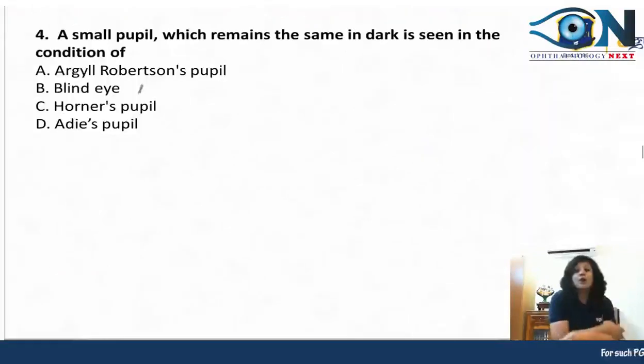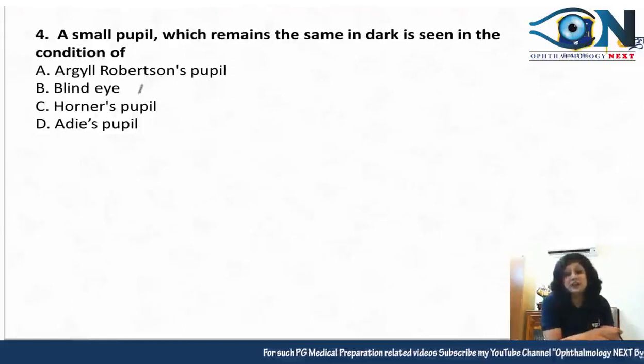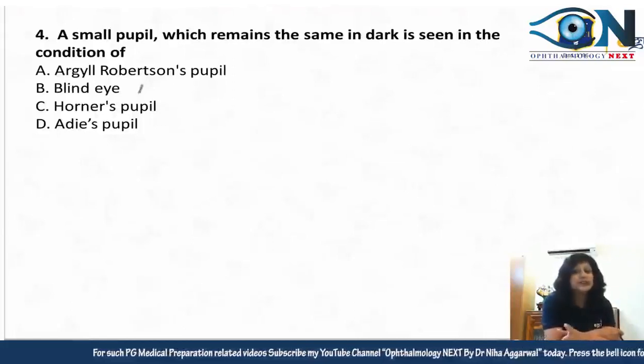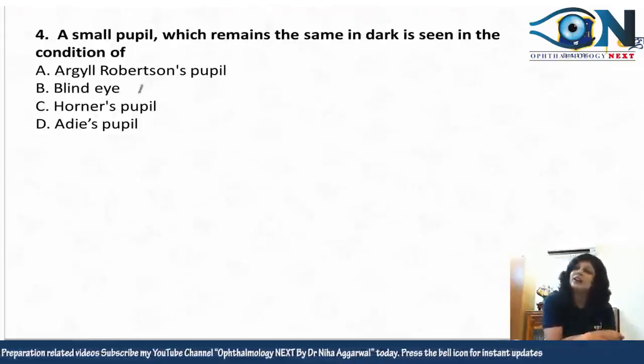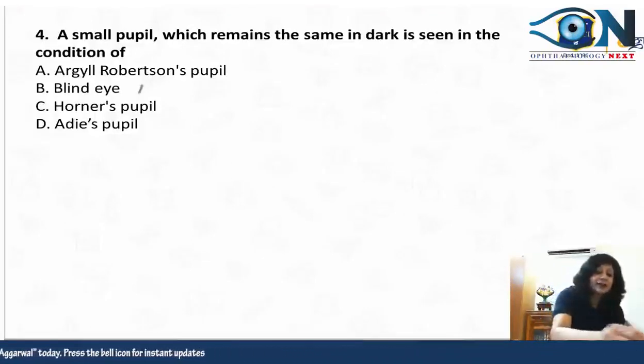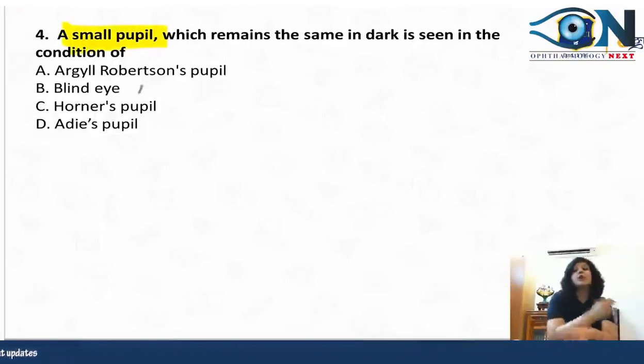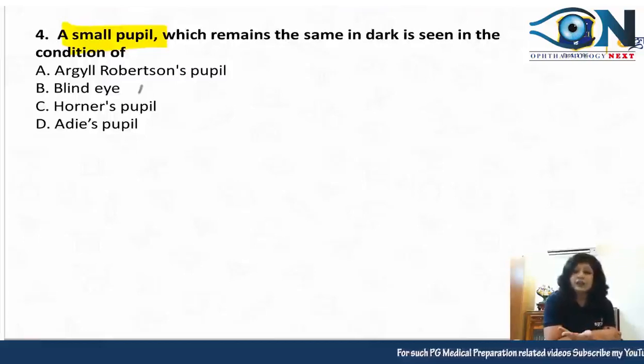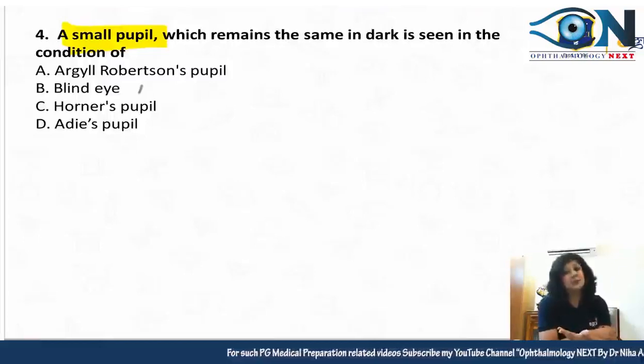A small pupil which remains the same in the dark is seen in the condition of. So I think the first important thing here is that this pupil is small. If you look at the options, we have Argyll Robertson pupil, the blind eye, the Horner's pupil, and Adie's pupil.